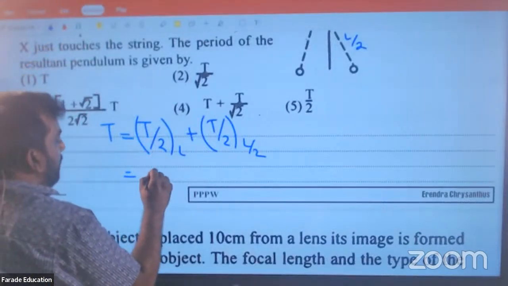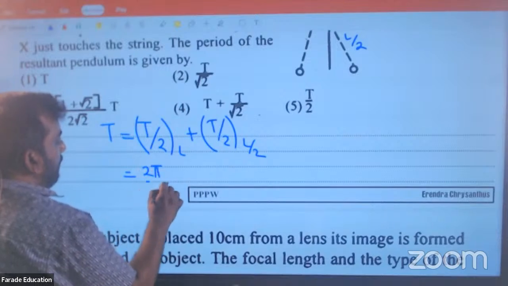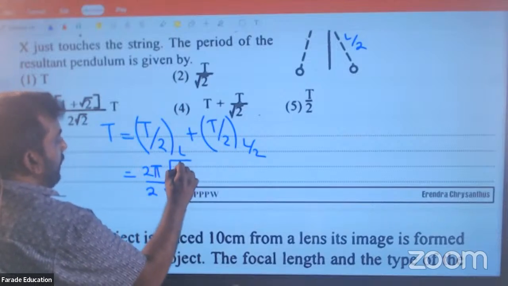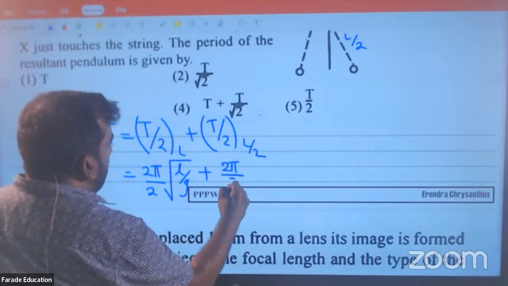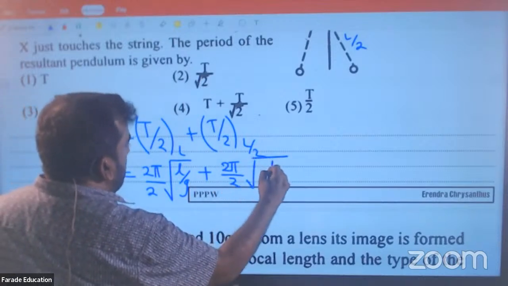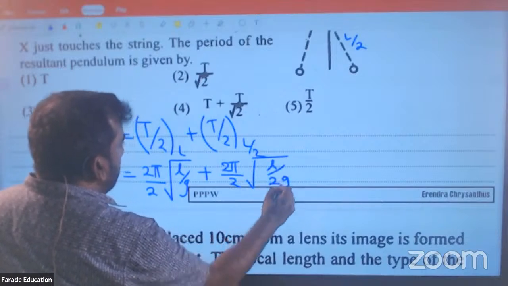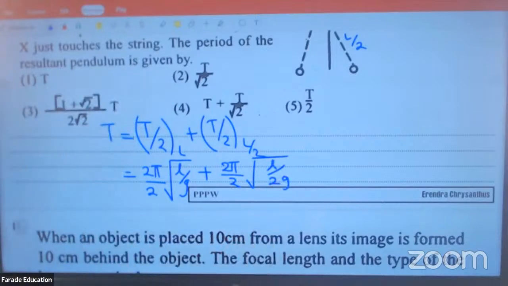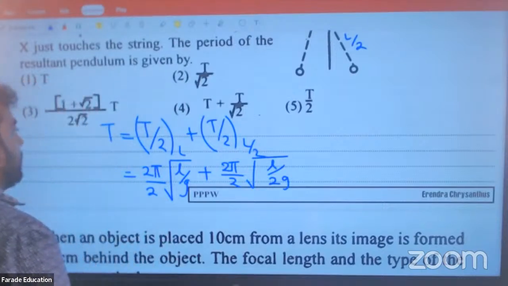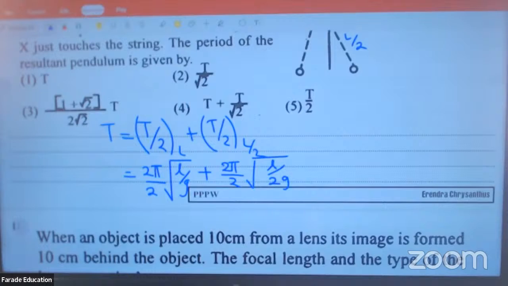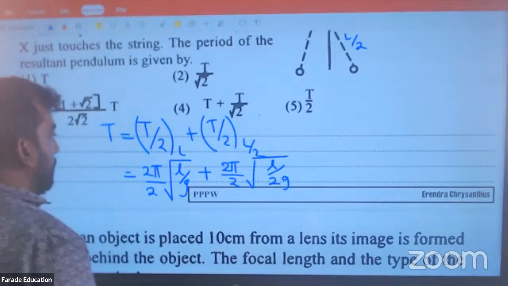Half a periodic time is 2 pi divided by 2 times root of L over G. With length L over 2, it is 2 pi divided by 2 times root of L divided by 2G. Okay, so simplify the relationship.